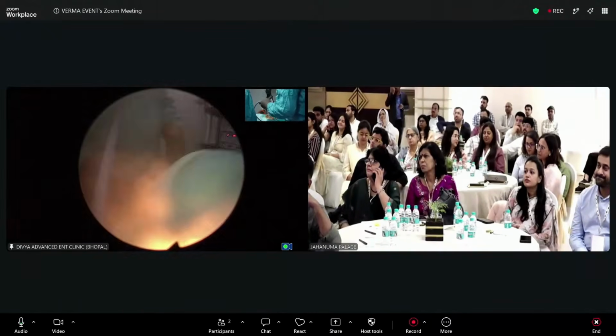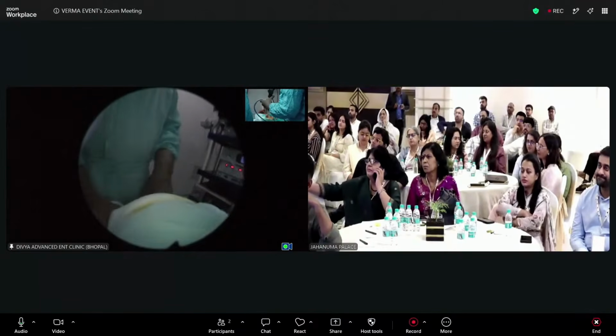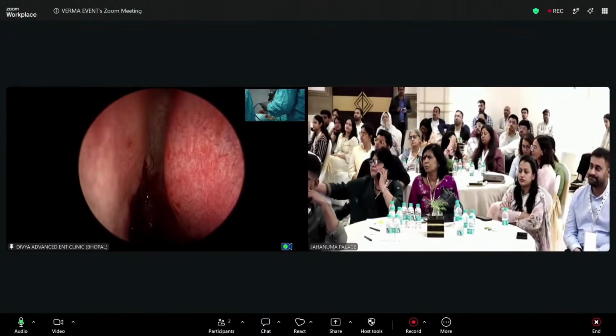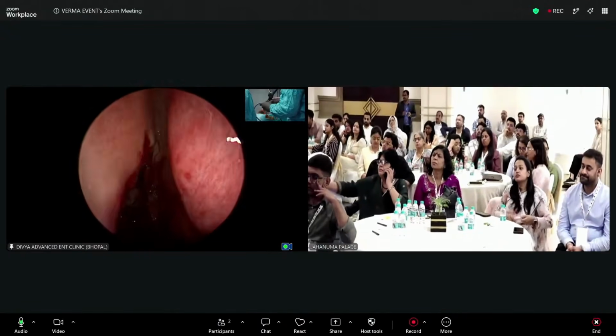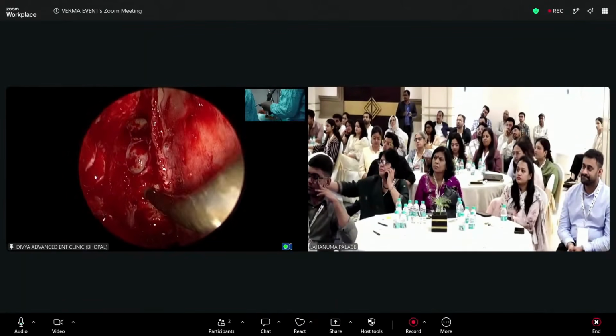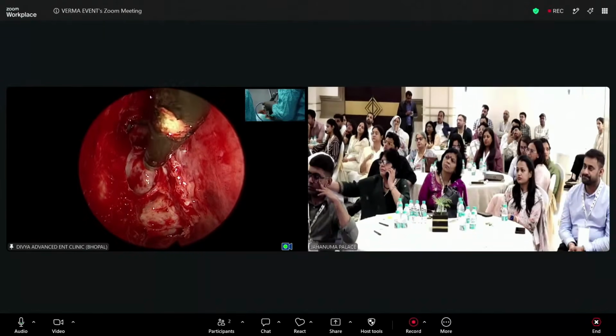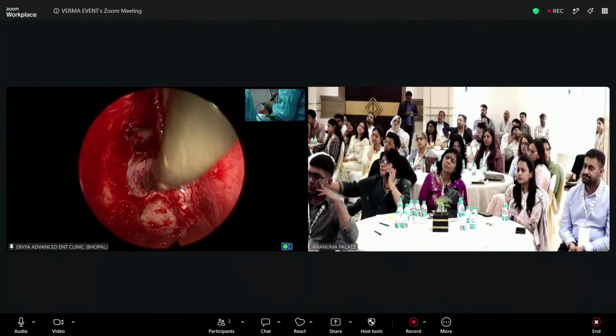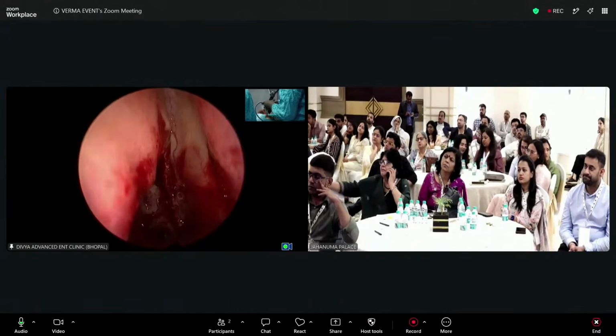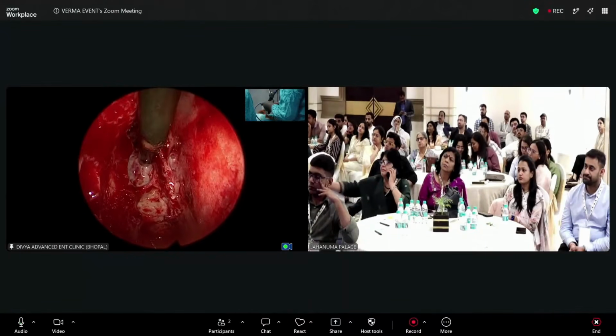Now, to demucosalize, either you remove the mucosa and make it bare, and in areas where you cannot remove the mucosa thoroughly, you can use the coagulator to devitalize that. You have both the options.